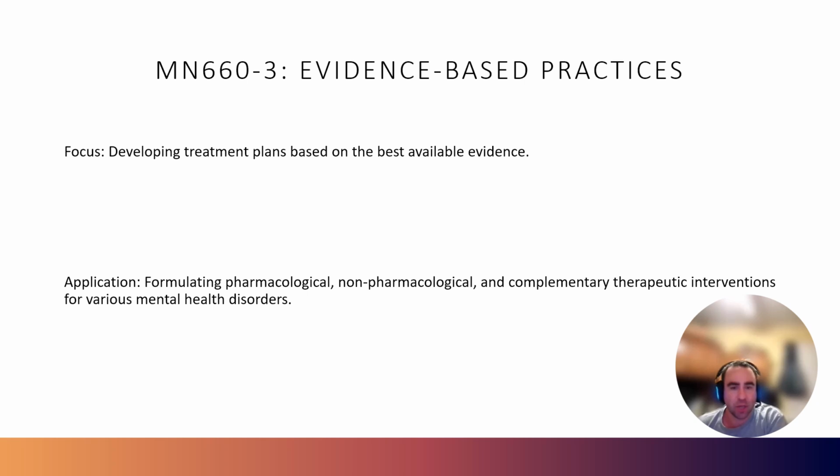Continuing on with care across the lifespan, it's important to know whether pharmacological, non-pharmacological, or complementary therapeutic interventions are helpful for their psychiatric disorder. One example is bipolar 1 treatment for preventing mania and acute episodes.